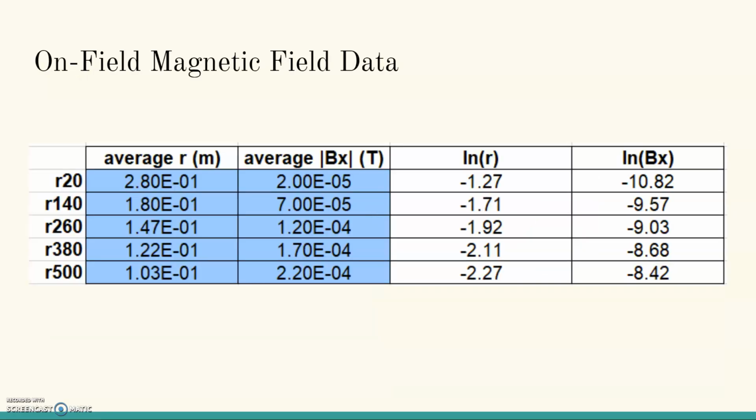For the on-field magnetic field data, this is when we put the magnetometer a certain distance away from the ruler and the magnet. Each of these are the distances for 20, 140, 260, 380, and 500 microteslas.